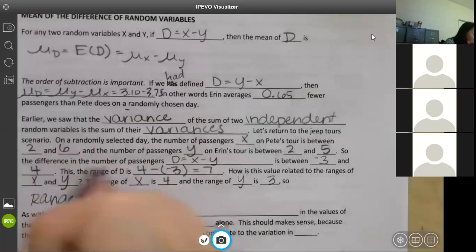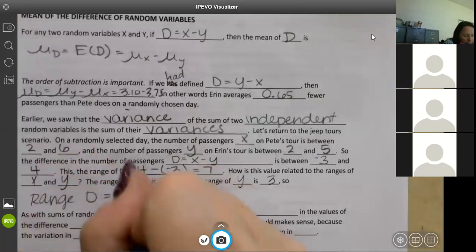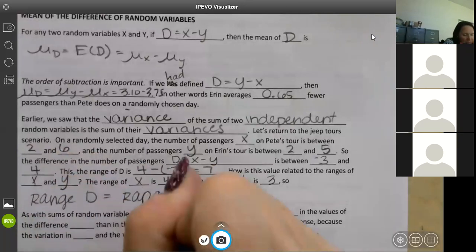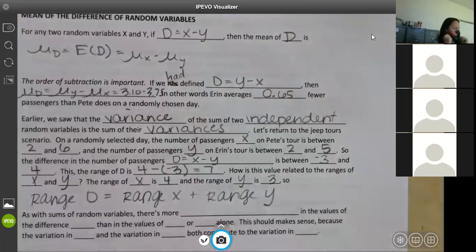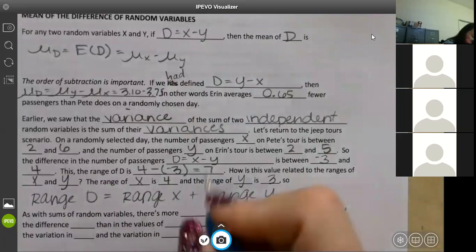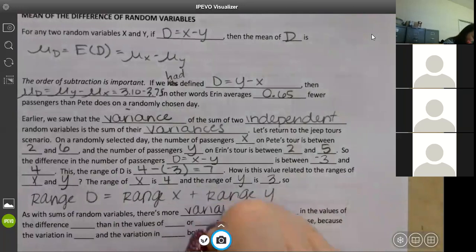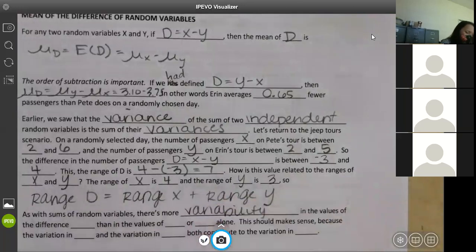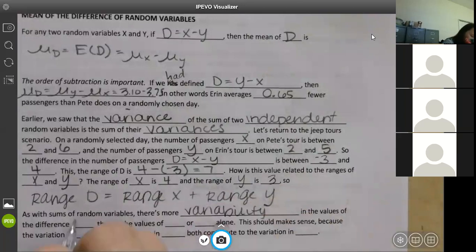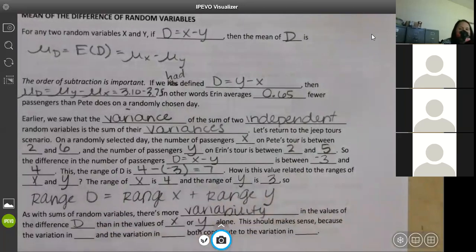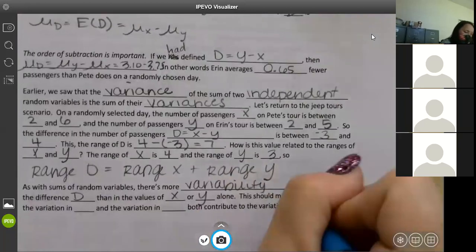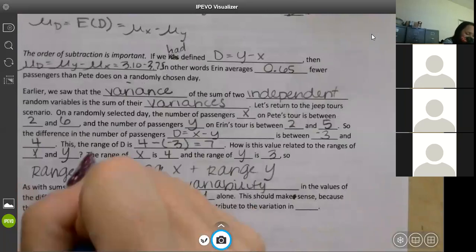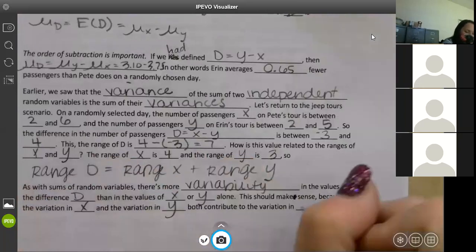So the range of D is actually the range of X plus the range of Y. So as with sums of random variables, there's more variability in the values of the difference D than in the values of X or Y alone. This should make sense, because the variation in X and the variation in Y both contribute to the variation in D.